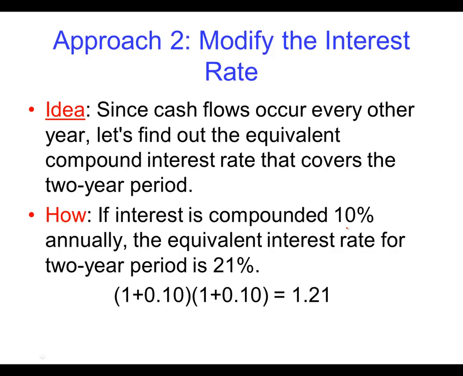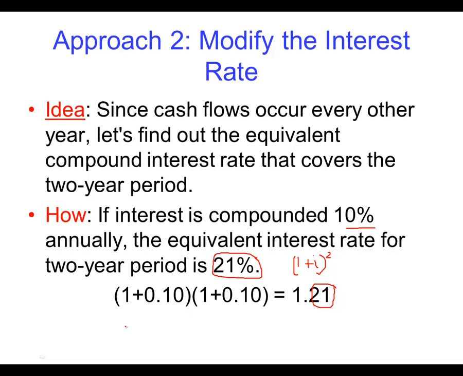So if it is compounded at 10% annually, then the equivalent interest rate of the 2 year period will be equal to 1 plus i squared, which is 1 plus the 10% multiplied by 1 plus the 10%. And that will equal 1.21, which is 21%. So the interest for the 2 periods is equal to 21%.